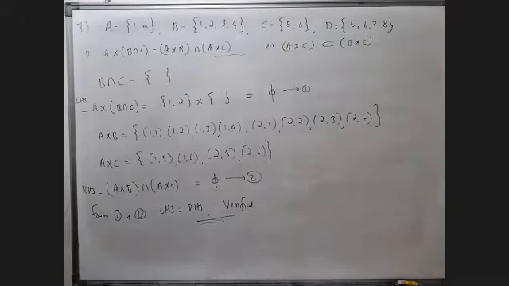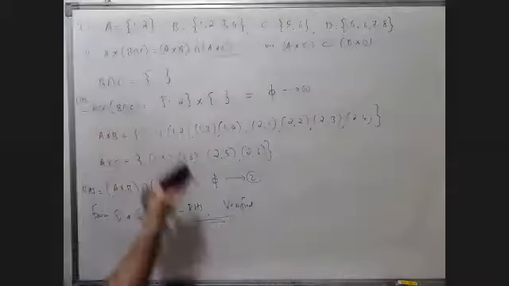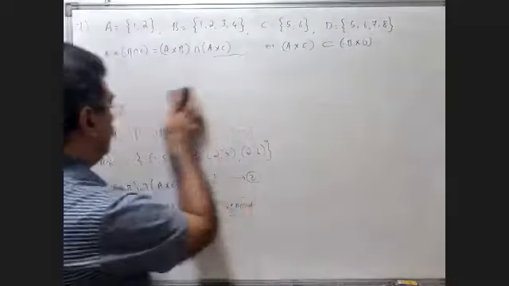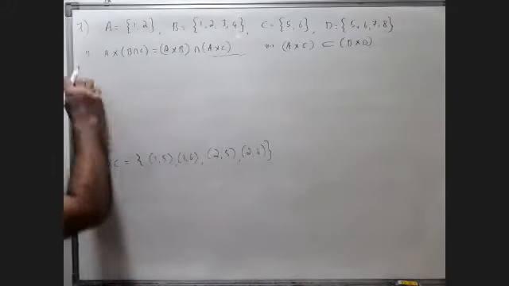Now, next one. A cross C is a subset of B cross C. First write A cross C. A cross C we are already taking for the second bit.